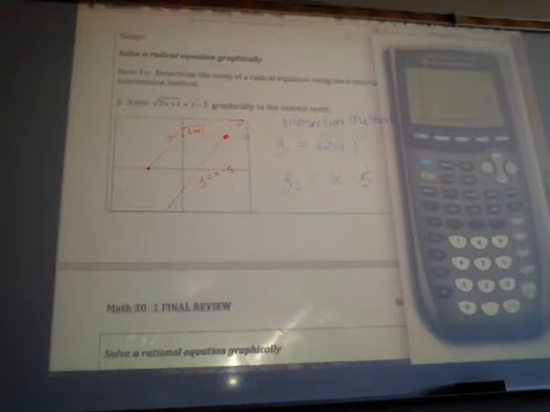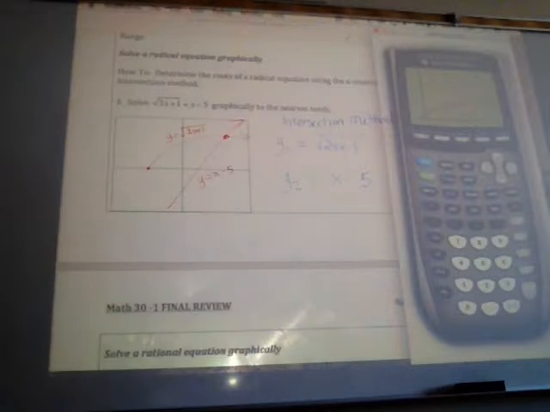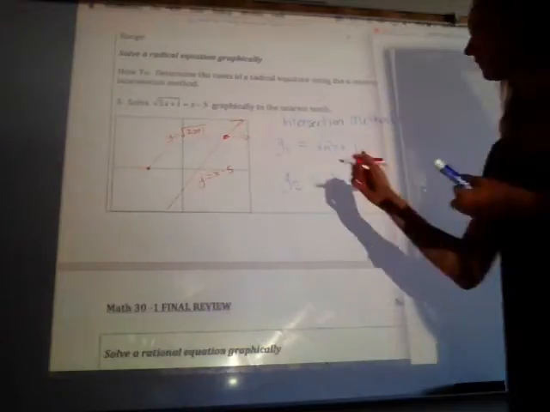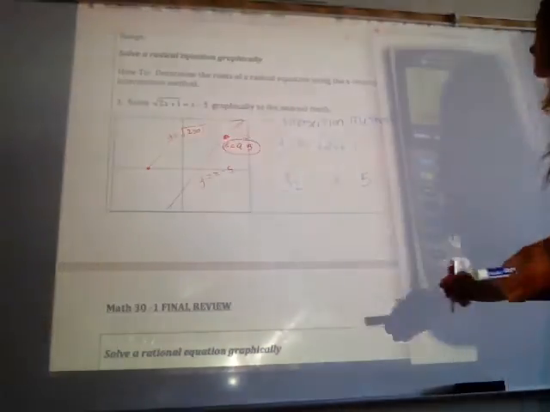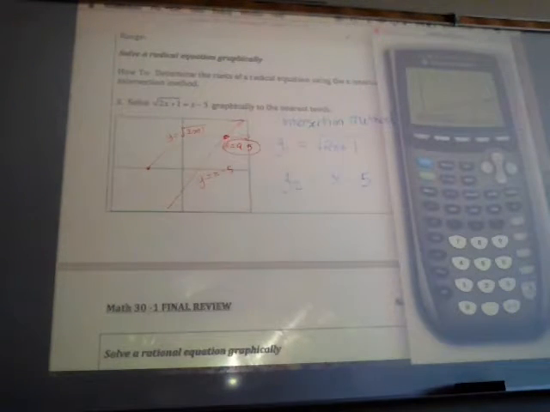Alright, so I can see where it's crossing each other, so I can just solve now. Second, trace, number 5 for intersect. Move it over to that intersection point. And we're sitting at 9.5, and that would be our solution. So you get 9.464, etc.